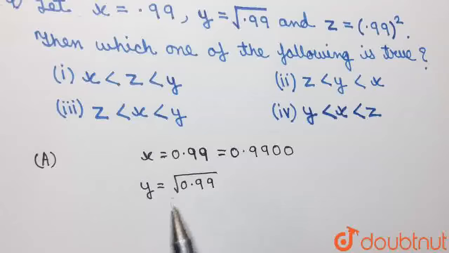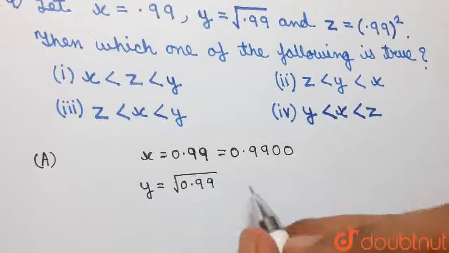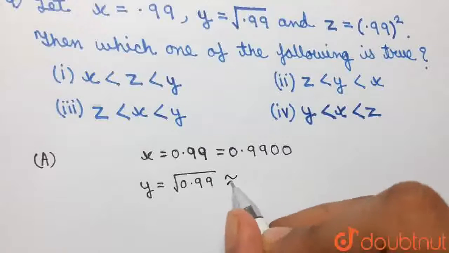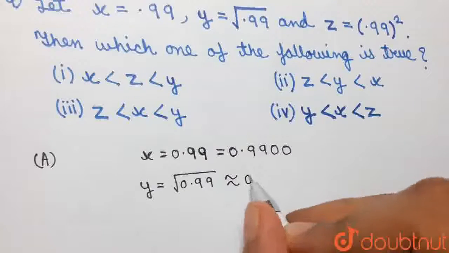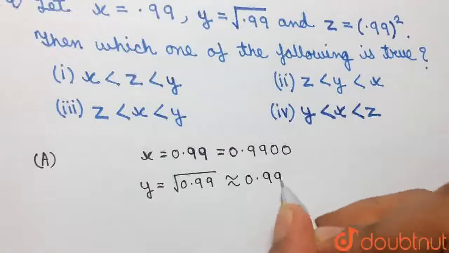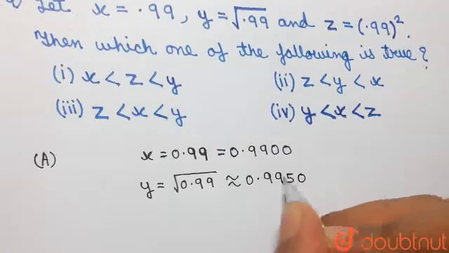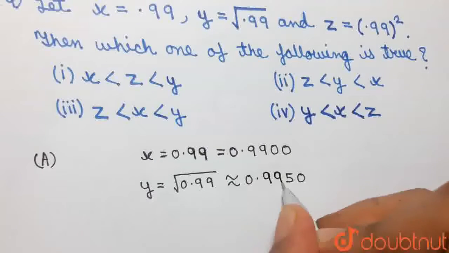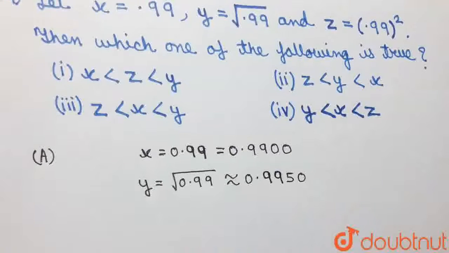Okay, and as 0.99 does lie between 0 and 1, the square root of 0.99 should be greater than 0.99, which is indeed true, because when root over 0.99 is calculated using a calculator, the value comes out to be approximately 0.9950, which is greater than 0.99.